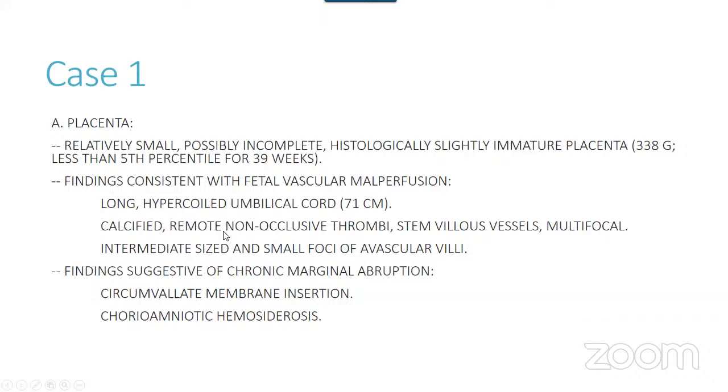There were calcified, remote, non-occlusive thrombi, as well as recent ones, and it's multifocal, and we had intermediate and small foci of avascular villi. In addition, we saw on the gross picture circumvallate membrane insertion, and I did not show you, but in the membrane roll, we saw chorioamniotic hemosiderosis. So those things together form the unified diagnosis of chronic marginal abruption.